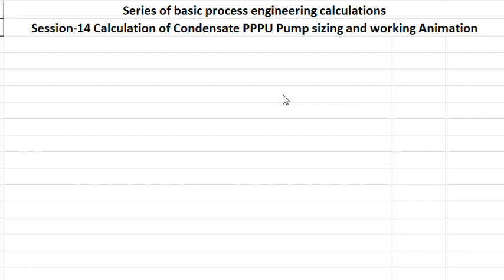Okay. So before proceeding to sizing, we know that in most of the industries, steam is widely used as the main energy source or heating source. That condensate carries up to 12% of total energy in the steam generated and utilized.